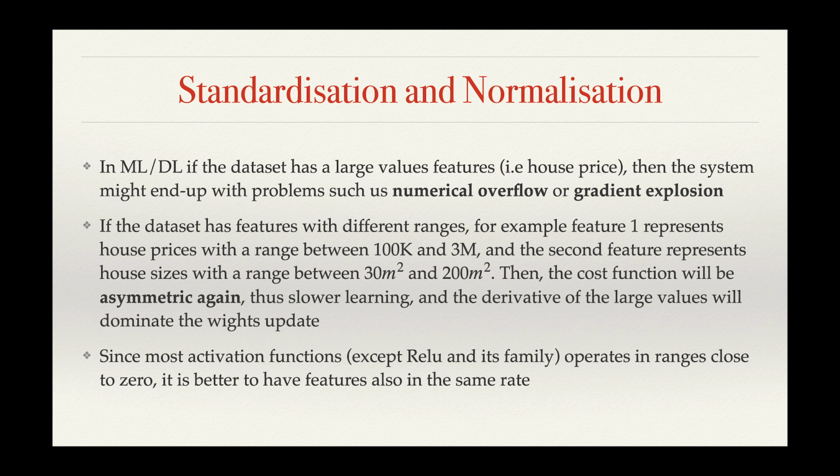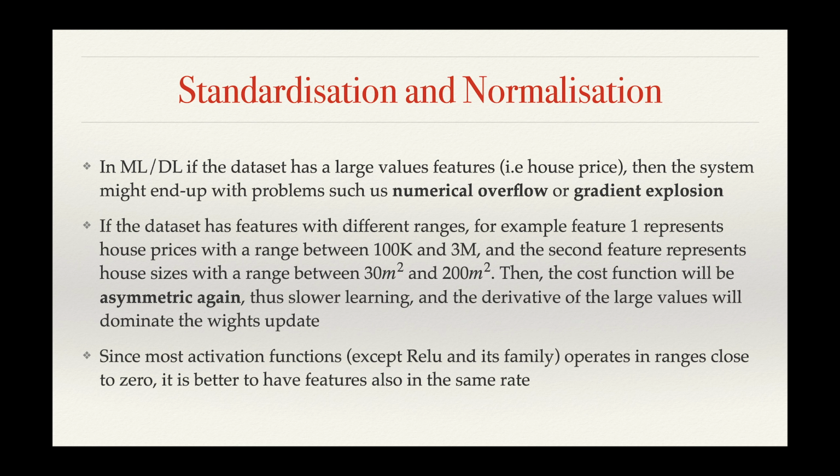Then the cost function will be asymmetric, and we talked about why symmetry is important, also in the activation functions, which is why tanh is better than sigmoid, because it's more symmetric than sigmoid.